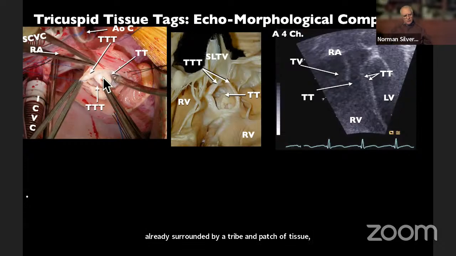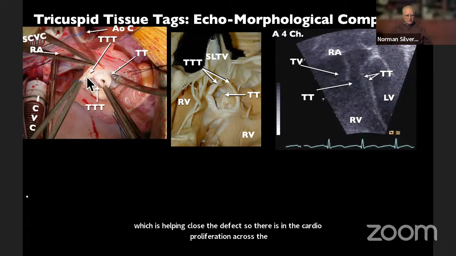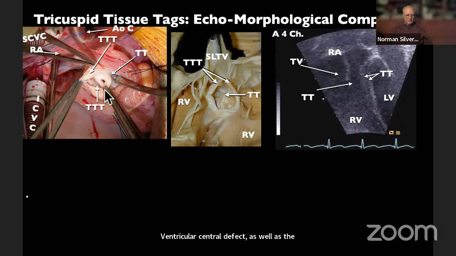So there is endocardial proliferation across the ventricular septal defect, as well as the tricuspid valve becoming adherent across this defect and eventually may close this ventricular septal defect. In this case, the patient got to surgery before the ventricular septal defect was closed, and on account of the size of this defect, one has to really question whether an operation was actually warranted on the basis of this patient's symptoms or not.